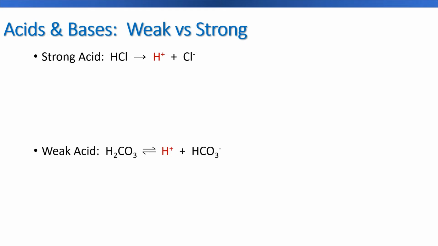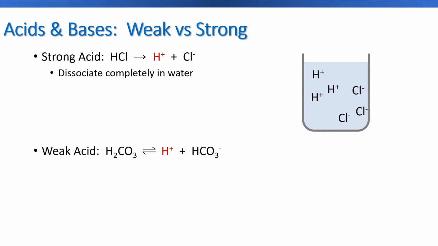Some acids are considered strong acids, while others are considered weak. So how does a strong acid behave? Well, let's take a look at hydrochloric acid and drop it in some water. And we can see that it will dissociate into hydrogen ions and chloride. So we could say then that a strong acid dissociates completely in water. Then how does a weak acid behave?